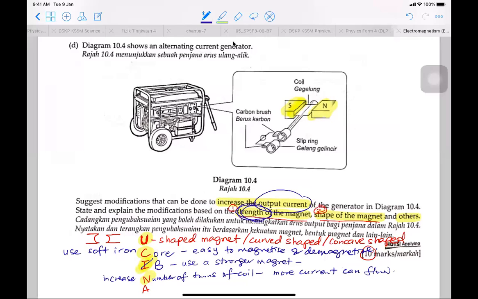Okay, and then last one, A. What is A? A is cross-sectional area. Or you can also put it as the diameter of wire. What should we do to the diameter of the wire? Increase or decrease?